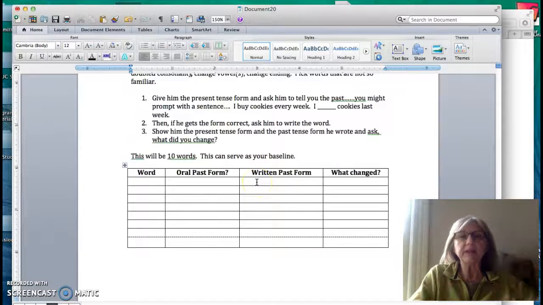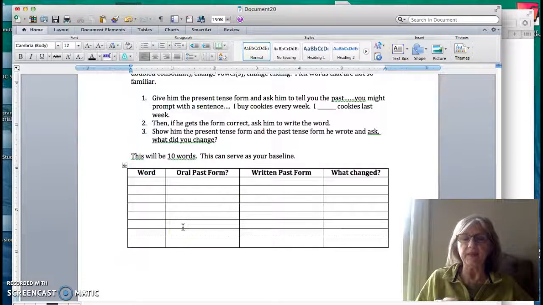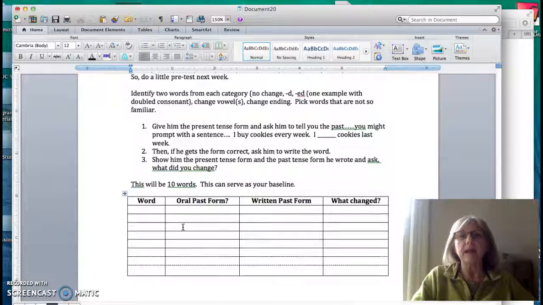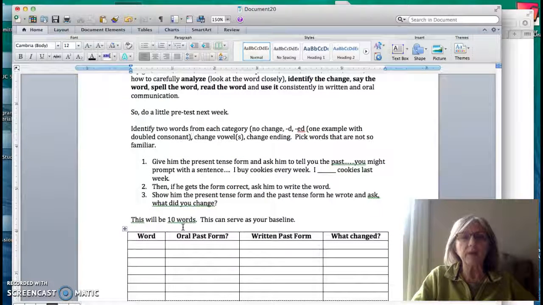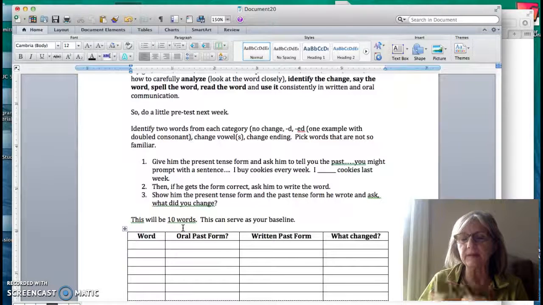I know I'm getting a little confusing, but I'm hoping you can sort this out and understand that teaching grammar is complicated, and so you're not going to be able to teach him every single past tense form for every single verb.